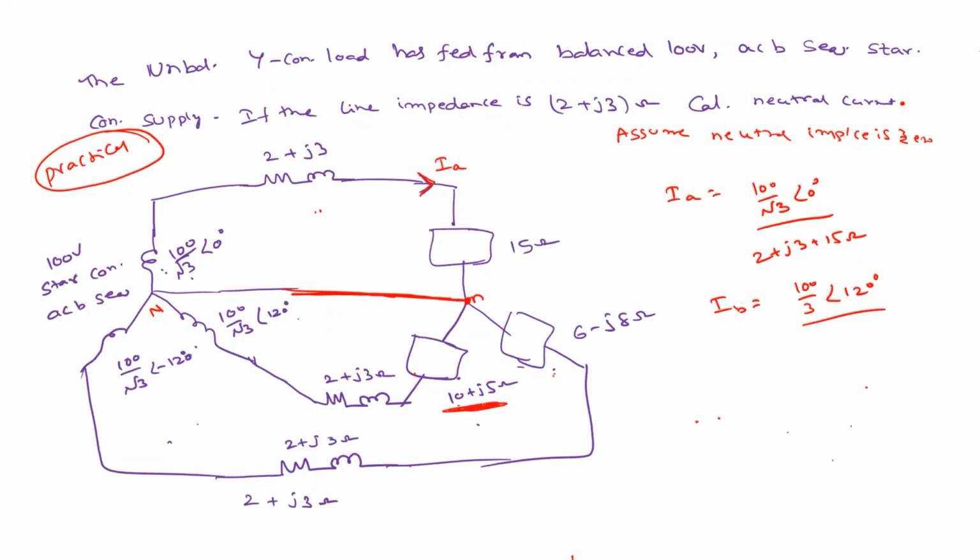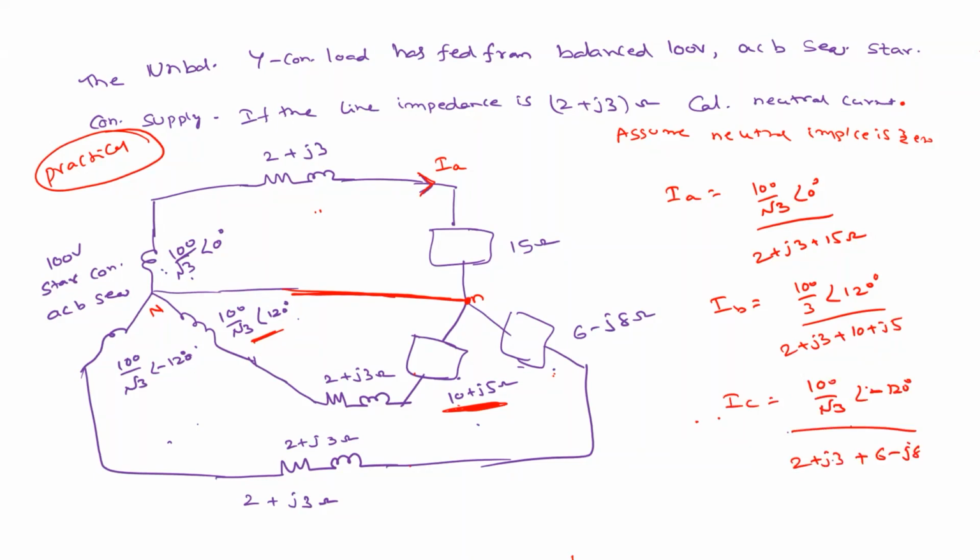This is the B phase, since it is ACB sequence. Then for the third phase, 12 plus 2 plus J3 plus 10 plus J5 gives 12 plus J8. So now see how much it is simplified.